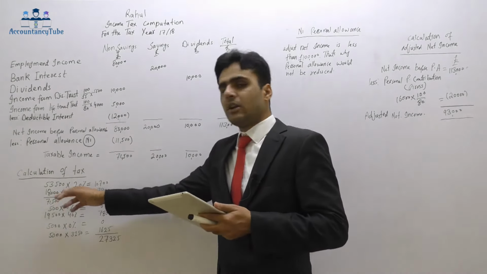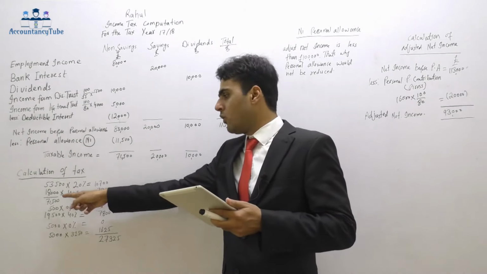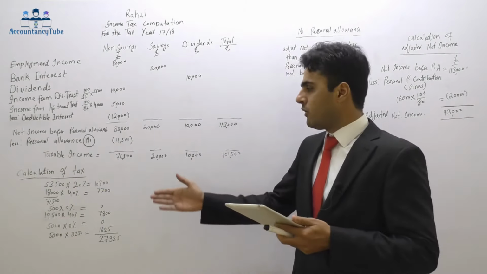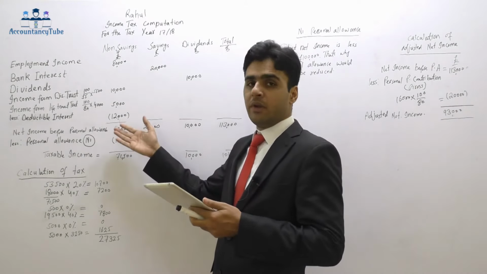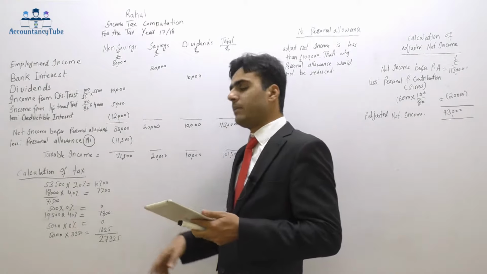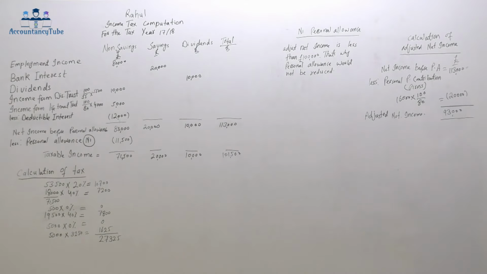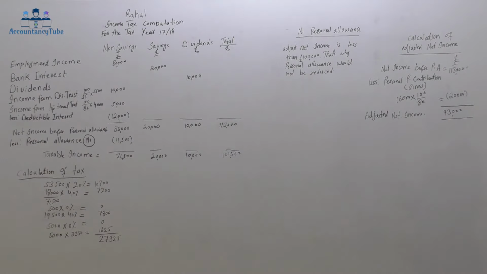Now the next £18,000, because 71,500 less 53,500 equals £18,000. So the remaining £18,000 of the non-savings income is at the rate of 40%. So I took 40% of £18,000, which equals 7,200. Please make sure you recalculate these calculations, because I'm not sure if these are right or not. So please make sure you always redo the calculation.